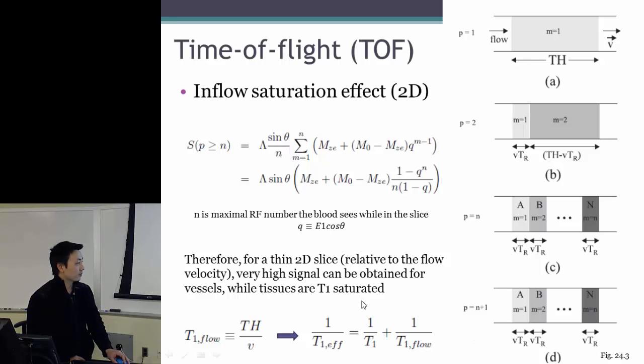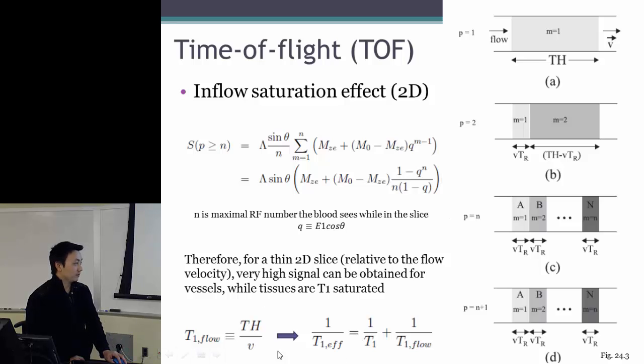This is actually a combination of blood spins that are T1 saturated to a different extent. So the signal is no longer determined by its original T1.